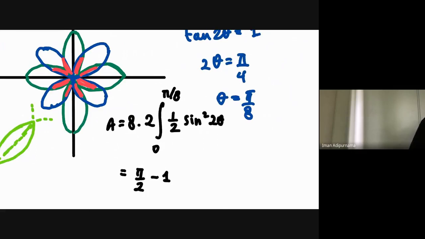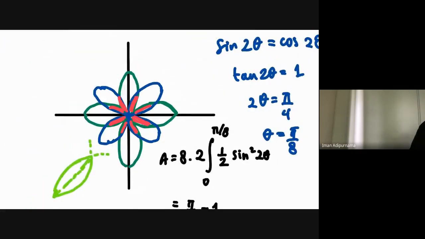Maybe to help you see the curves, let's say this is pi over 8.